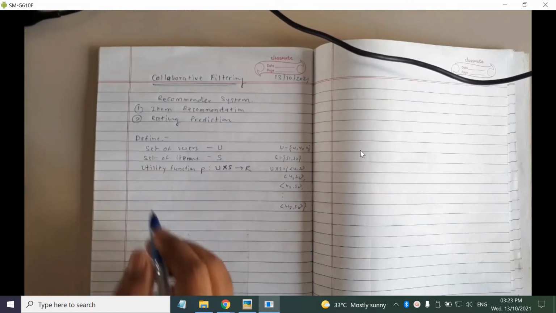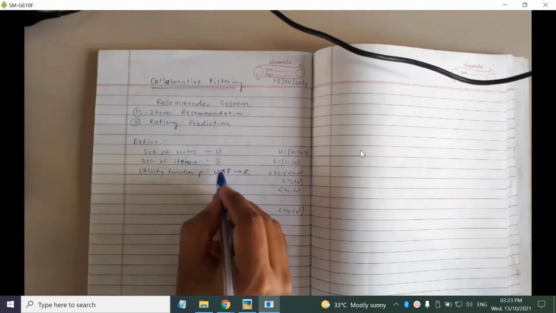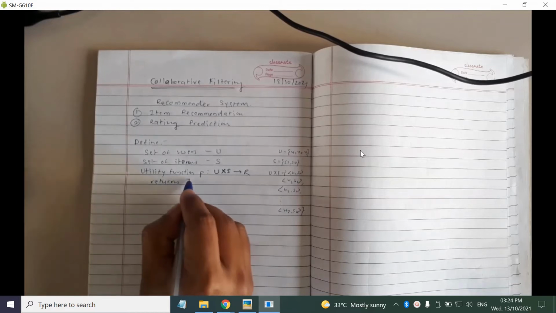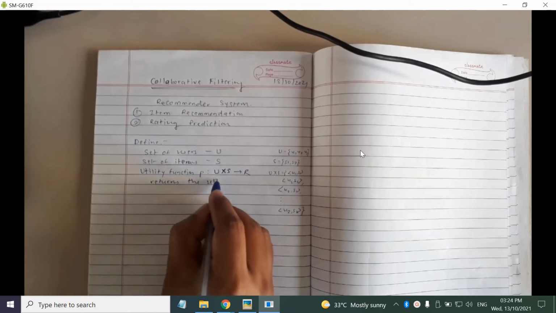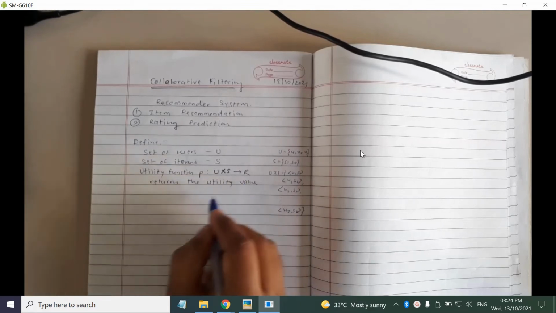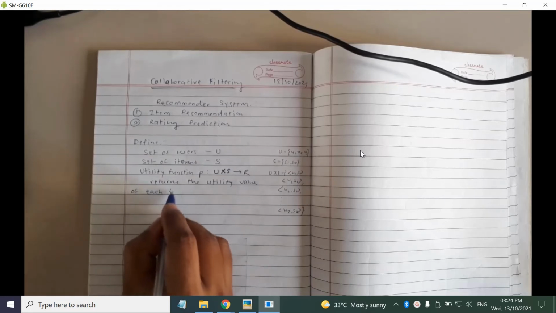This utility function gives me the rating for every possible pair. It returns the utility value or the rating. Utility value is nothing but a rating, the utility value of each item for each user.